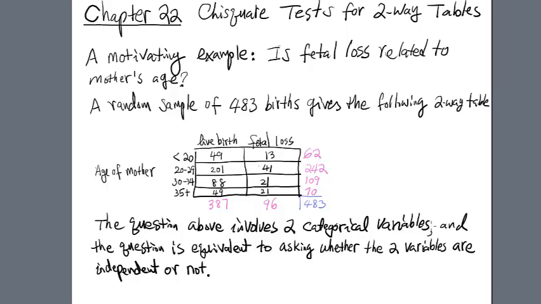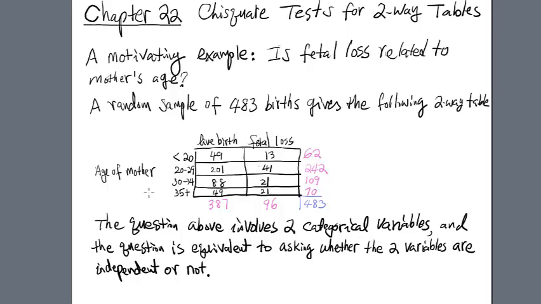A random sample of 483 births gives the following two-way table. Here you are given the row variable, age of mother, and the column variable, birth.